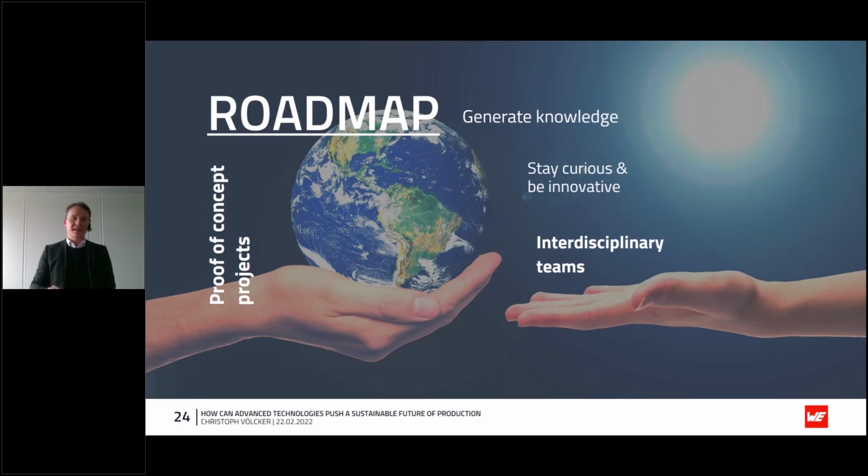You should start with a proof of concept where you look at your existing projects and try to do it the other way around with new technologies, to see where you can still improve, where there are still gaps, or where you already perform quite well. With this roadmap, you will easily focus and make the transfer.